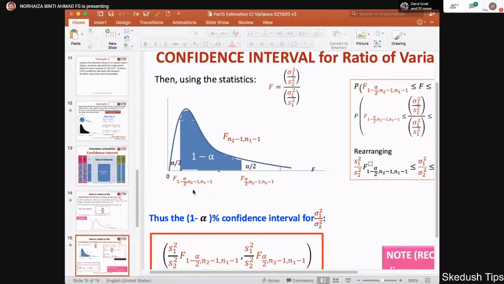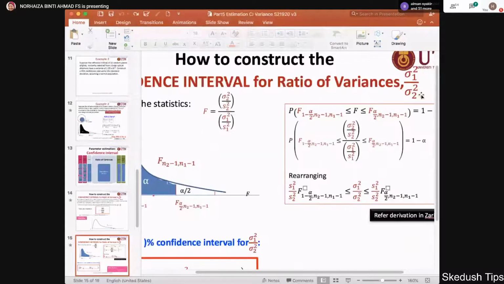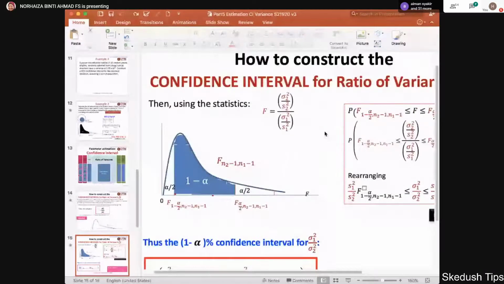So in order to construct the confidence interval for sigma 1 squared over sigma 2 squared, I'm going to use the reverse order of the populations for my F distribution. So here I've got 2, 1 rather than 1, 2. Since this is not my sample estimate, I'm just going to use an F distribution with a reverse order.